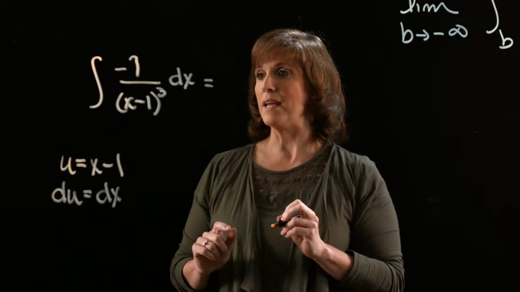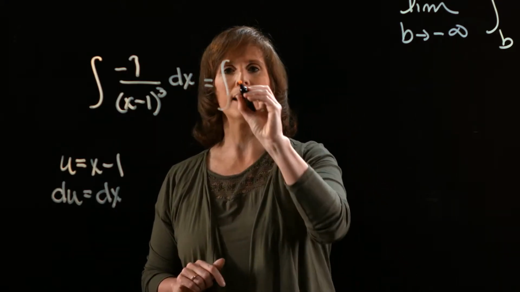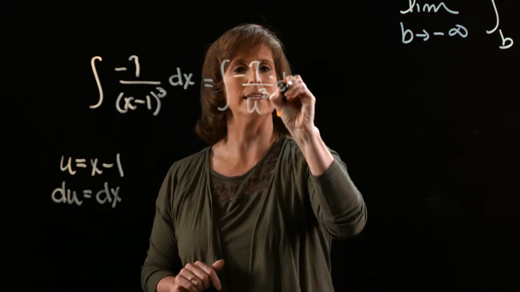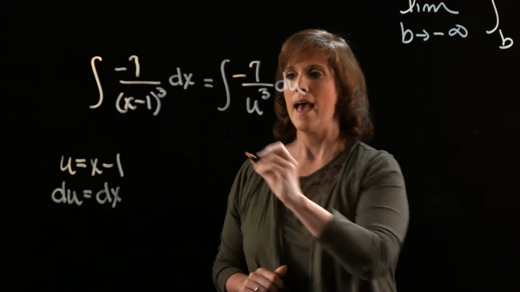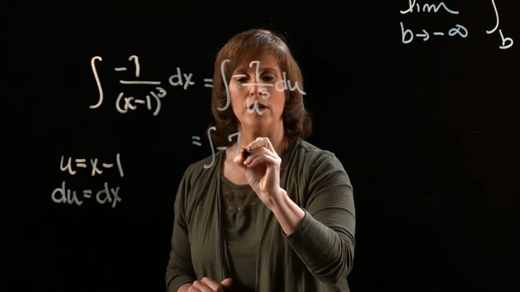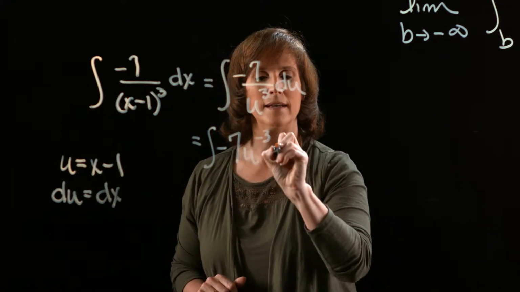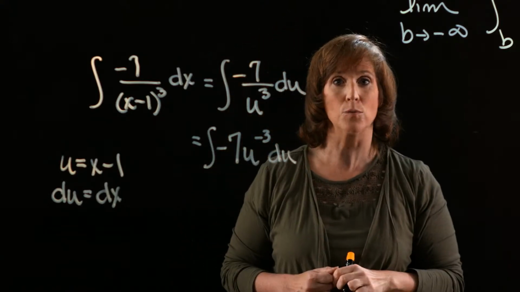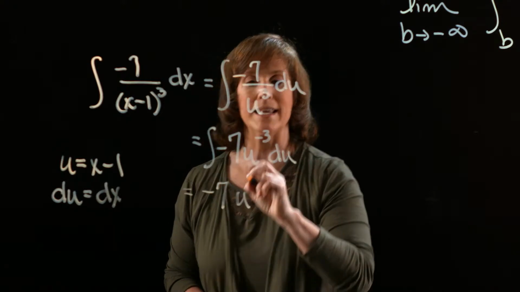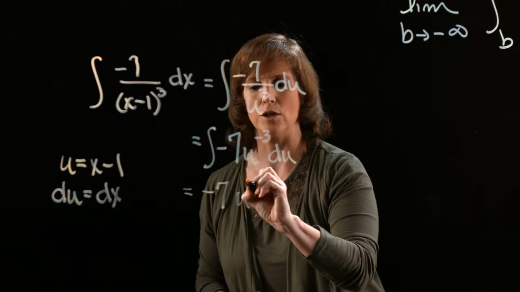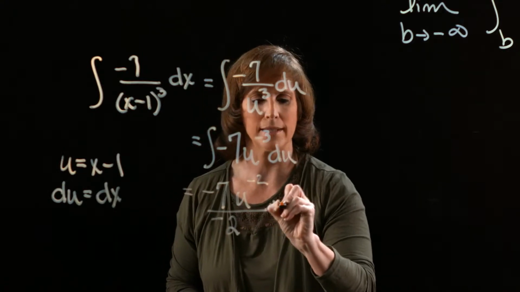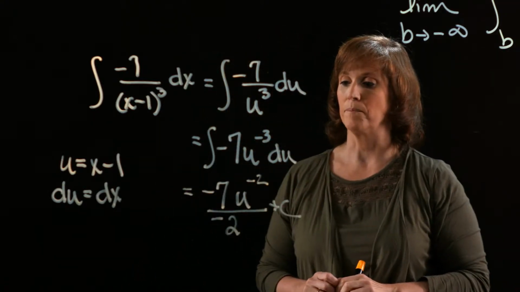Well, that's nice because when I rewrite this, I can rewrite it as minus 7 all over u cubed du. And then this can be rewritten as minus 7 u to the minus 3 du, and I can use basic rules. So I'll pull out the minus 7, and then I'm going to add 1 to the exponent, so that makes it u to the minus second power all over minus 2, plus my constant of integration.